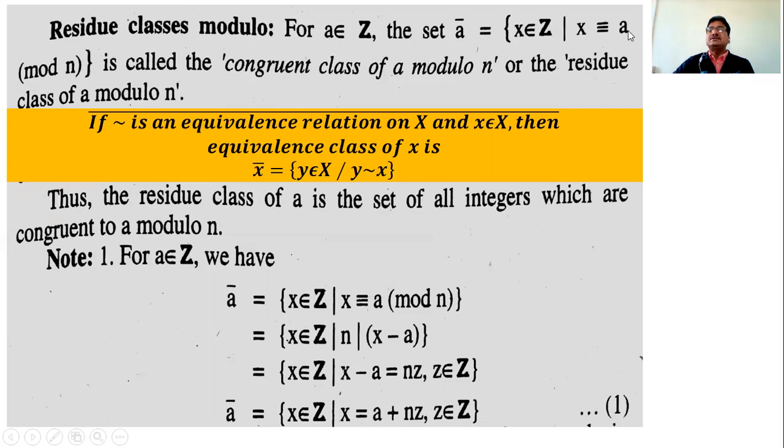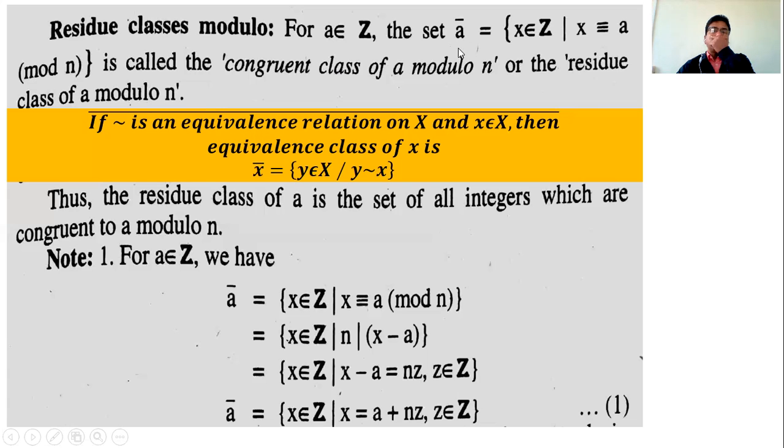So how can we write that x is related to a? Here is the ~ notation for a general equivalence relation, but the notation for the congruence relation is these three lines. So what is a bar? a bar is the set of elements from Z, that is, x belongs to Z such that x is related to a, that is, x is congruent to a modulo n, and this set is called the congruence class modulo n, or the residue class of a modulo n.